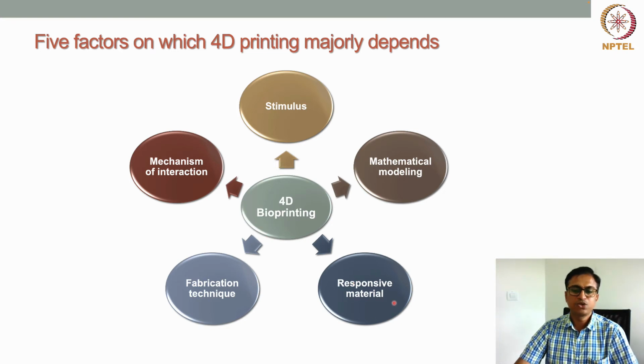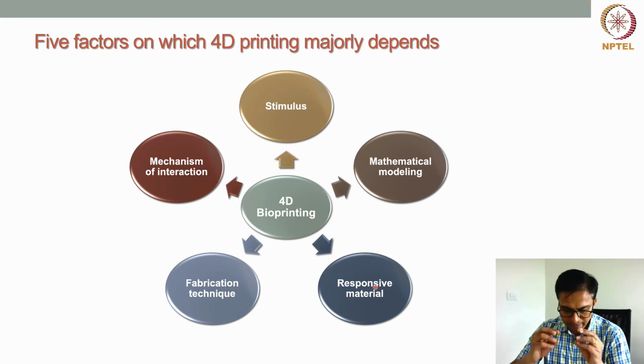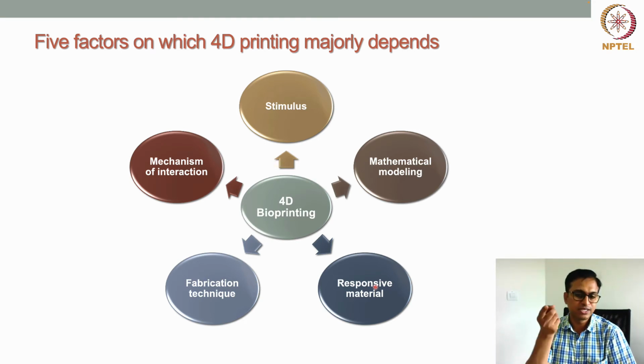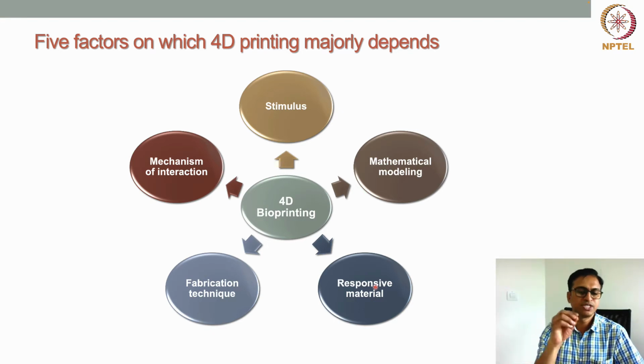Again, for 4D bioprinting, we have been using different types of responsive or smart materials. These materials can be thermal responsive, temperature responsive, or magnetic responsive. That means if we introduce magnetic materials within the printed structures and then bring a magnet close to the structure, the induced magnetic field can bring changes within the structure because of the presence of these magnetic particles.